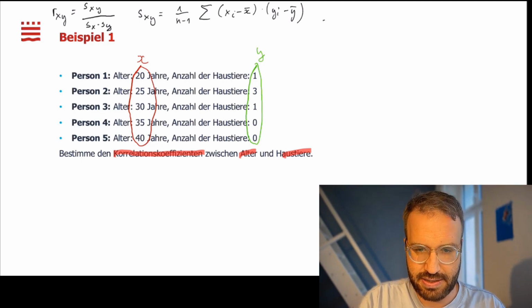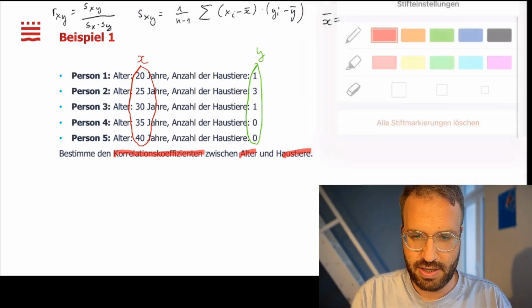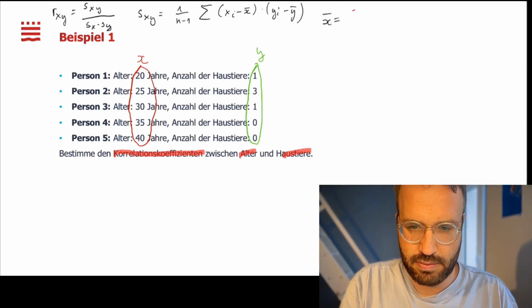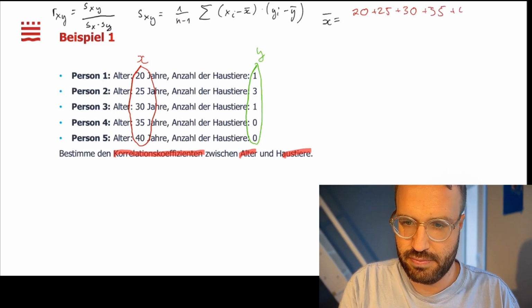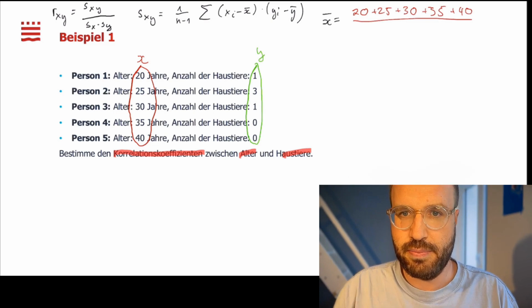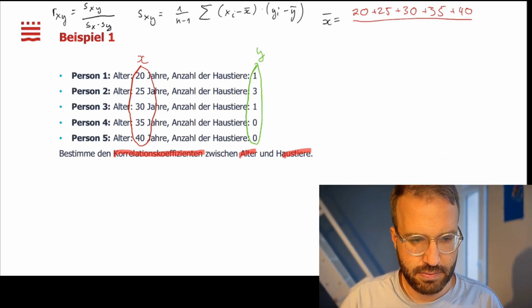Let's start with X. Which is 20, 25, 30, 35, 40, divided by the number of people, which is 5.